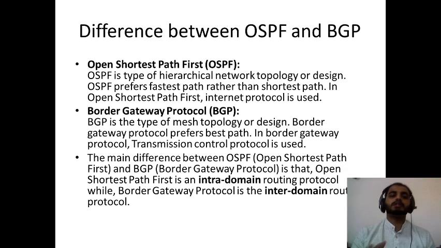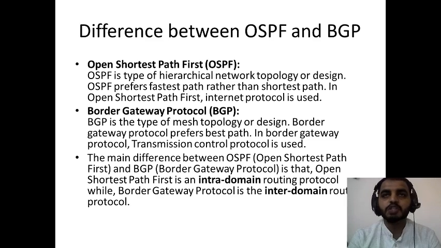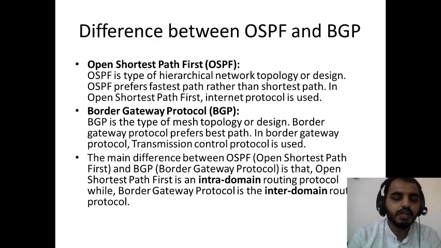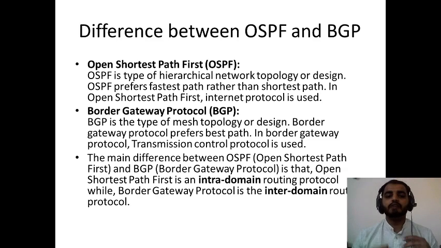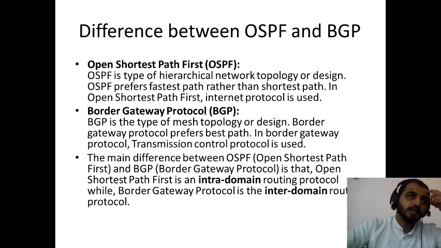Now, the next thing is: what is the difference between OSPF and BGP? What is OSPF? OSPF stands for Open Shortest Path First. OSPF is a type of hierarchical network topology or design, in the sense that one router will be connected to another, another will be connected to a third, and a third to a fourth.